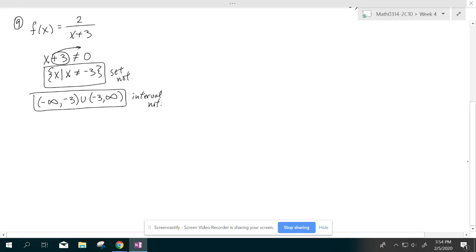And that is interval notation. Do you see how that shows that x can be anything but negative 3? Minus infinity up to negative 3, skip over negative 3 itself, and keep going.